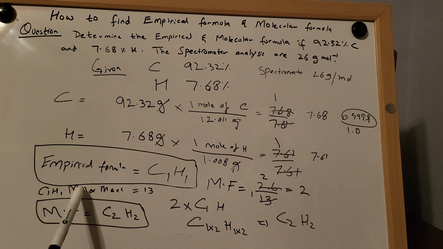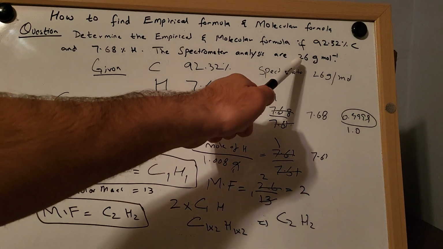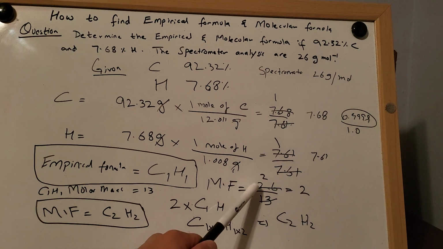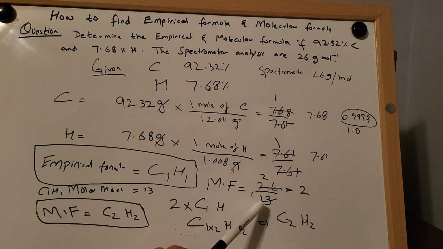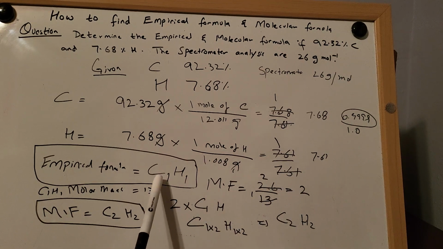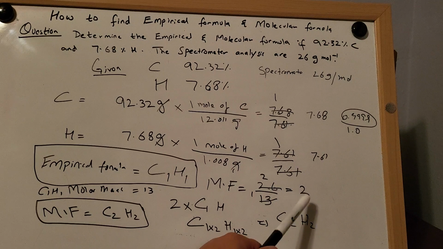Once we find the molar mass for the empirical formula, we divide the given value from the spectroanalysis by the molar mass. So 26 divided by 13, we got 2. This 2 we multiply with the empirical formula. So we have C1H1, multiplied by 2, we got C2 and H2. That's our molecular formula.